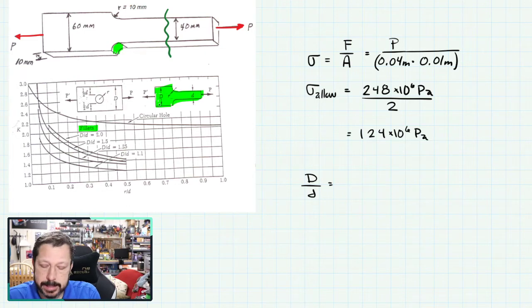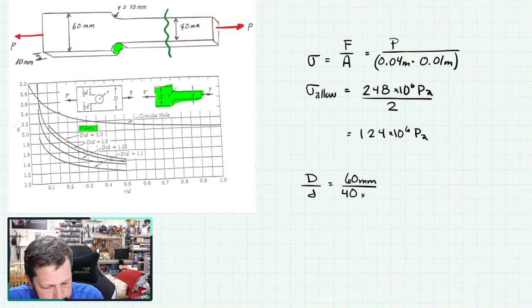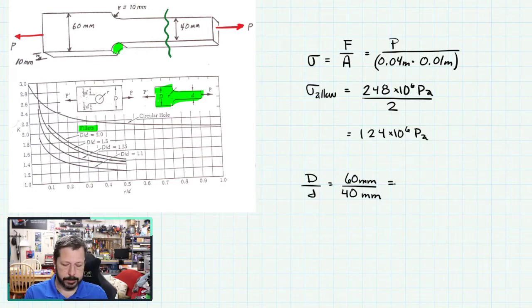The uppercase D is 60 millimeters. The lowercase d is the smaller section, maybe the tang or the tongue, 40 millimeters. And so that ratio is 6 to 4. So we'll just divide that. So 1.5.